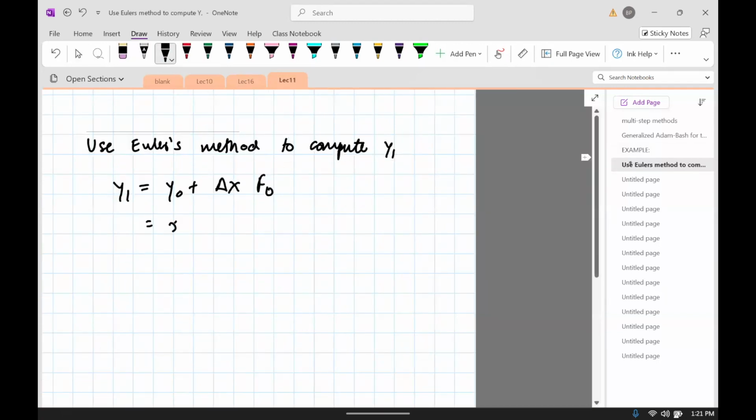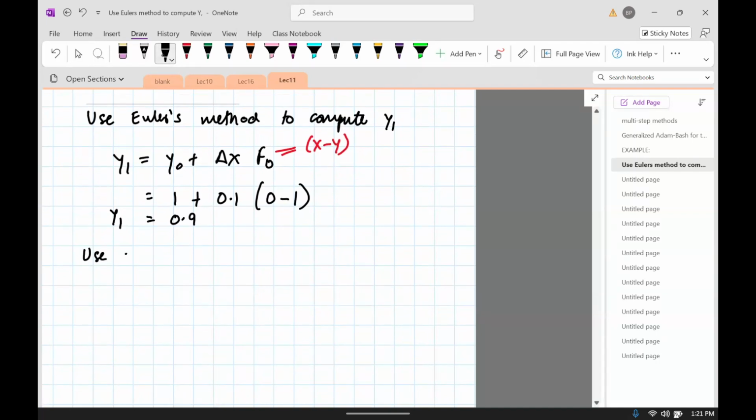So this is 1. This, by the way, is equal to x minus y. So I can write delta x is 0.1, so x minus y, x is 0, y is 1. So this comes out to be 0.9.